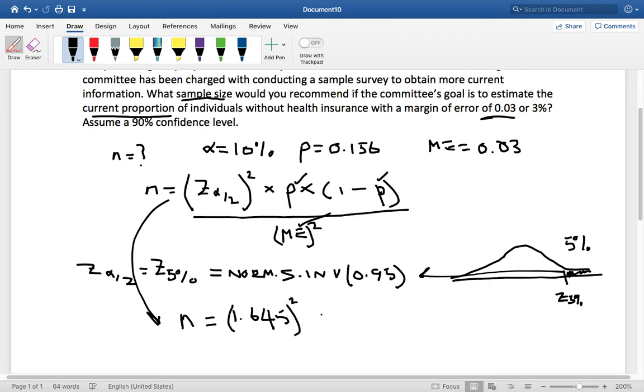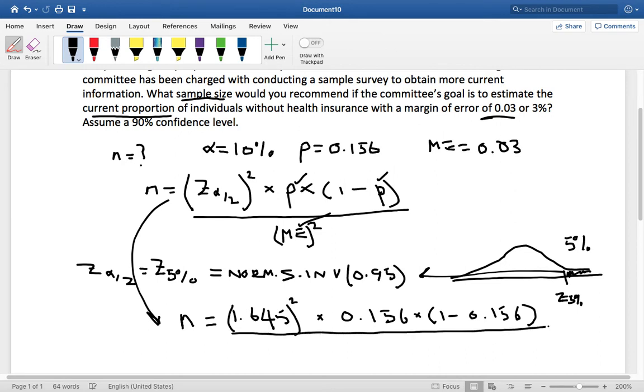And I'm going to multiply that by p, and we know p is 0.156, that's the p, times 1 minus p, times 1 minus 0.156, and then we want the whole thing divided by the margin of error, which is 0.03, and we want that squared. So we can go over into Excel and do that over there.